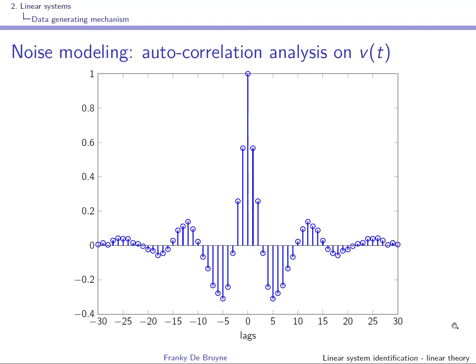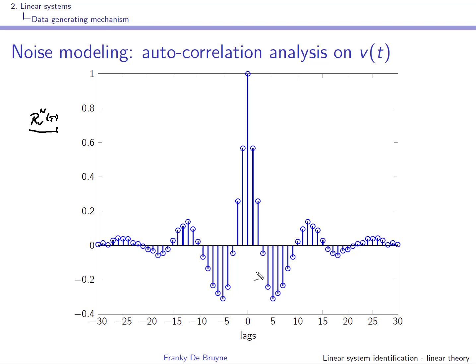So what we have represented over here is the autocorrelation function of v, again based on n data points. And as expected, we see that this is an even function of tau, so we could represent it only with positive lags and imagine the rest.